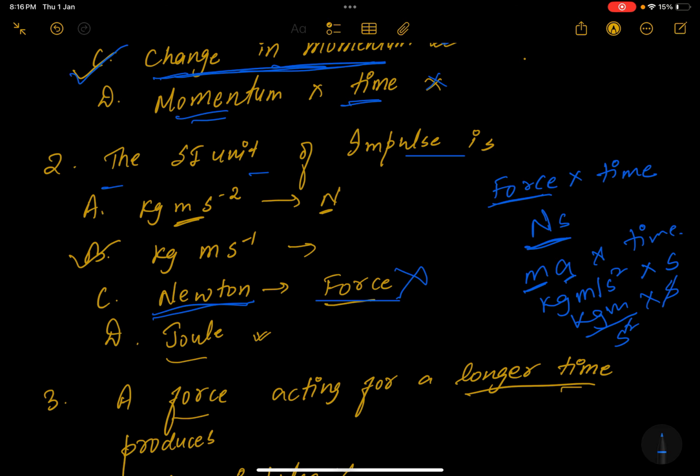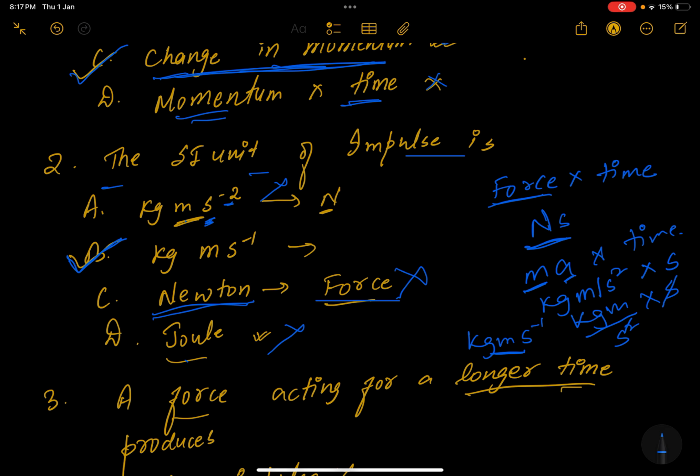This cancels out with one second, and what we are left with is kg meter per second. This matches with option B, not C. Here the power of s is minus 2, so no. The joule it is not, so we get option B.